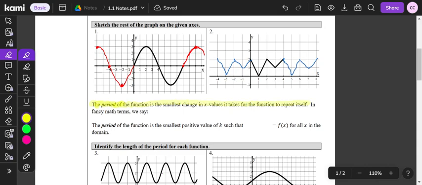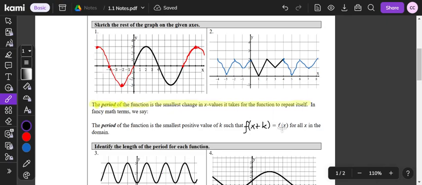Okay, so the period of the function is the smallest change in x values it takes for the function to repeat itself. In fancy math terms, we say the period of the function is the smallest positive value of k such that f of x plus k is equal to f of x for all x in the domain.